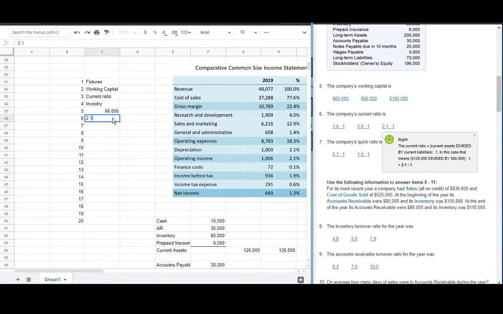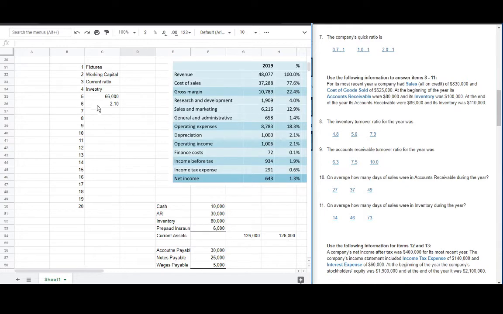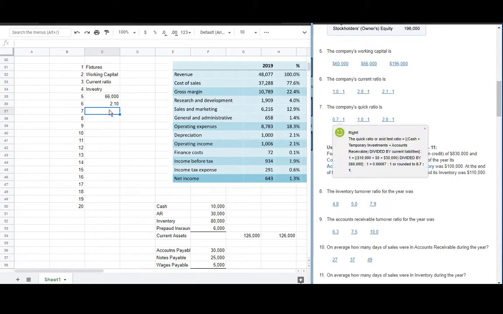Correct. Let's go. And number 7, the company's quick ratio is, so here we disregard the inventory and prepaid. So again, cash plus AR equals the quick assets of 40,000 divided by current liabilities of 60,000. We get 0.67 by dividing it. And so number 7, 0.7 by rounding up, correct?